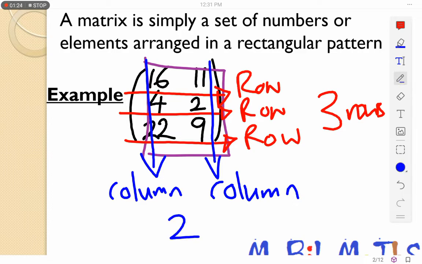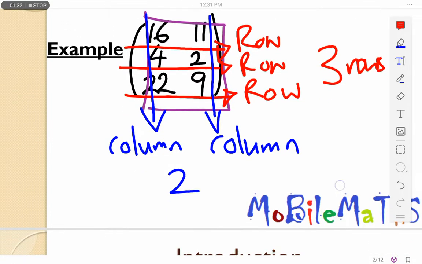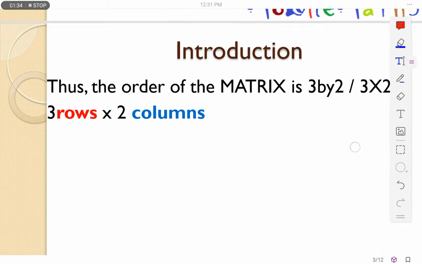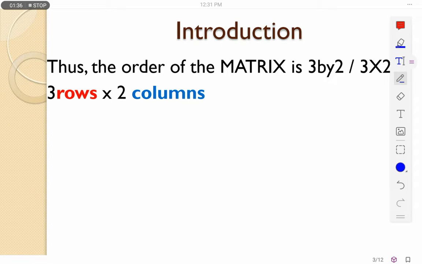Okay, now that we have got that information, that our matrix has got 3 rows and 2 columns, we can now write the order of the matrix. The order of the matrix is found by the rows and the columns.